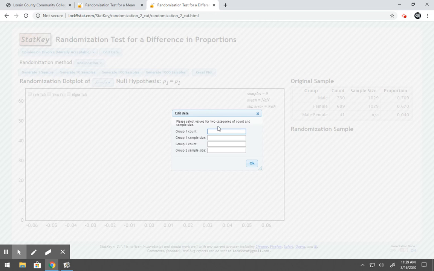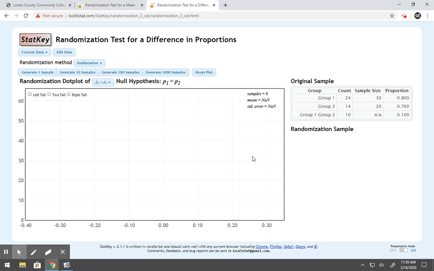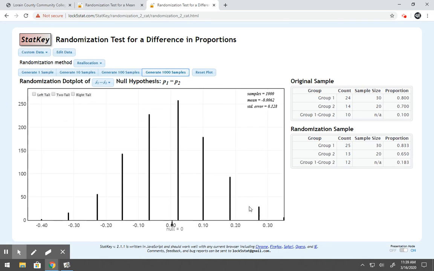Our first number was 24 out of 30. Our second number was 14 out of 20. I'm going to say okay and generate 1,000 samples. When I generate those 1,000 samples, you can see all of the data that has occurred, not only the original 0.8, 0.7, and the difference of 0.1, but also that in this particular randomization sample, I got a 0.183.